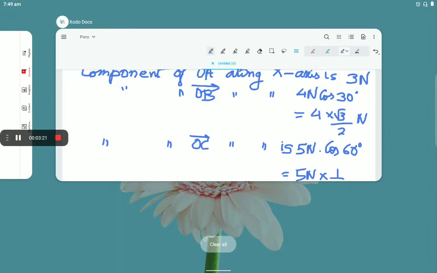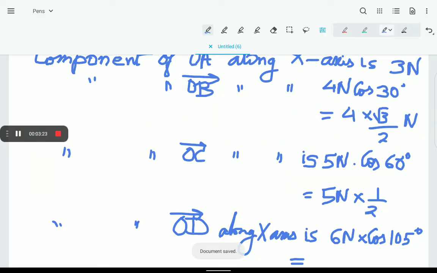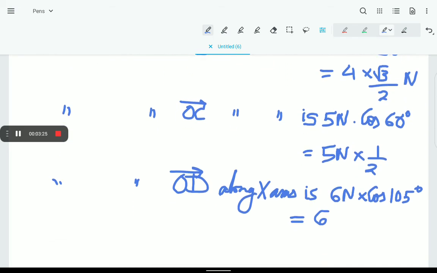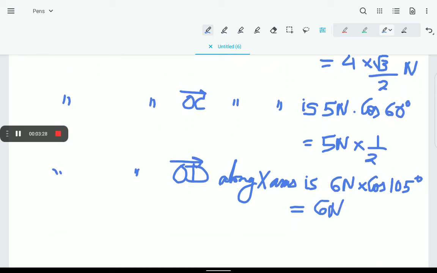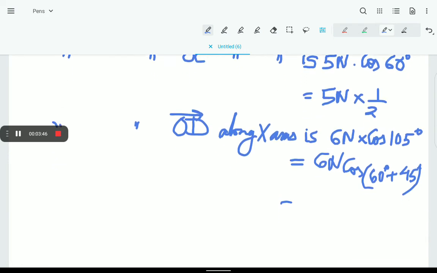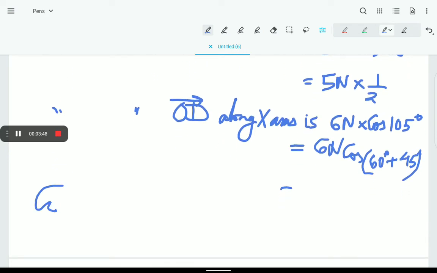That is equal to 6 Newton into cos 60 degree plus 45 degree. Let's compute it. Let's do some rough work. Cos 60 degree plus 45 degree.